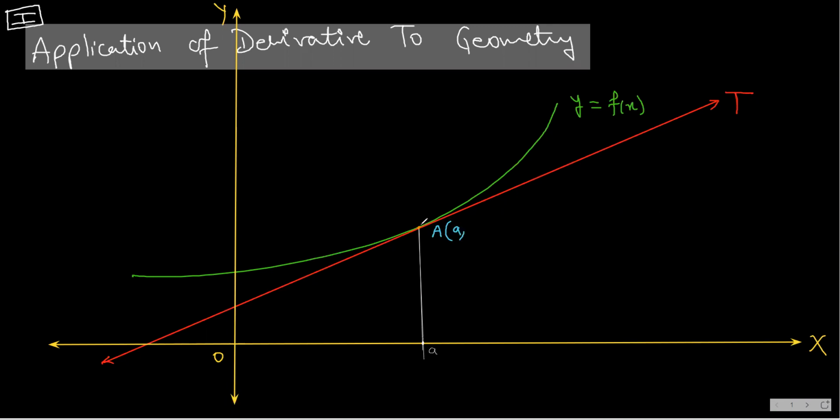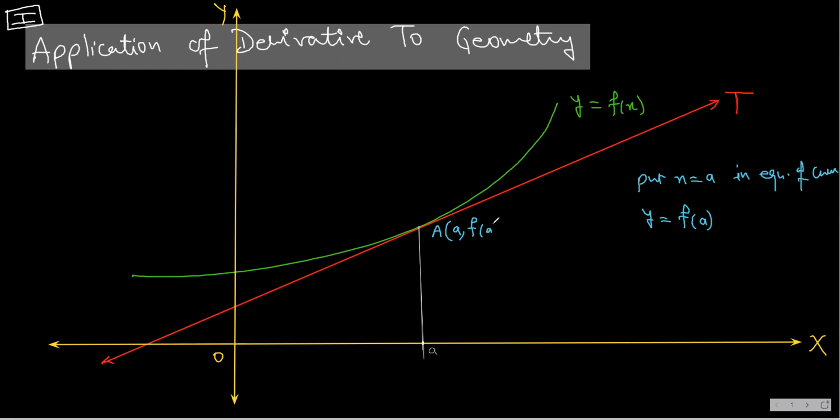To find the y coordinate, I will substitute x equals a in the equation of the curve. When I do that, I will get y equals f of a. I'm putting x as a, so y equals f of a.